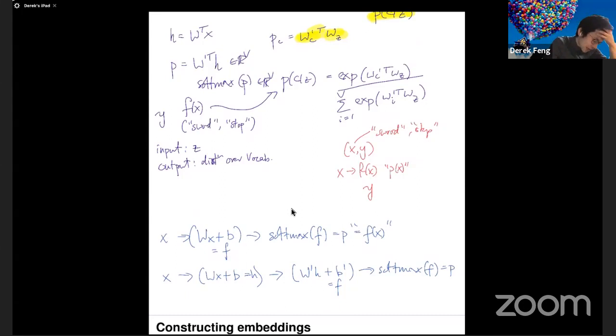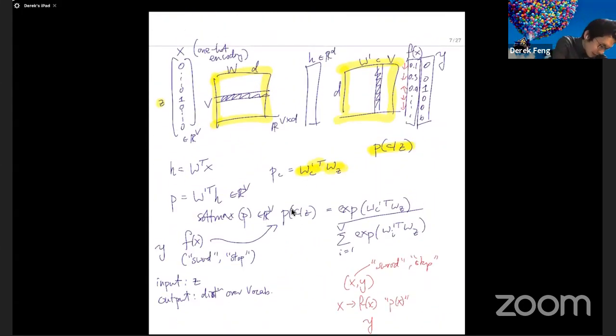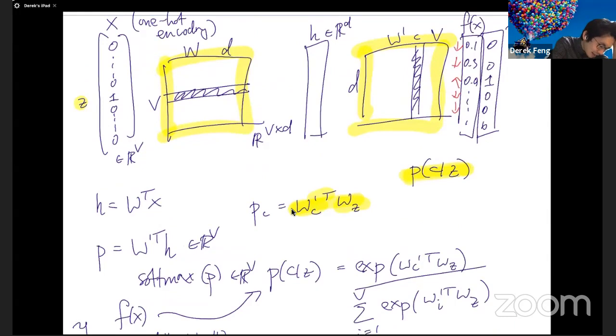Usually, as we said before, at the hidden layer you'll have a nonlinear activation function. We'll see this when we go to neural networks.